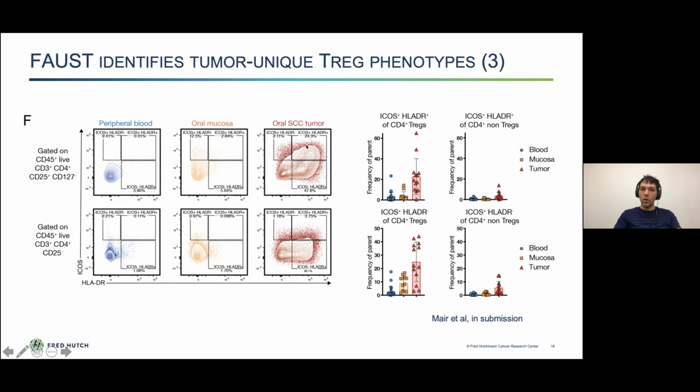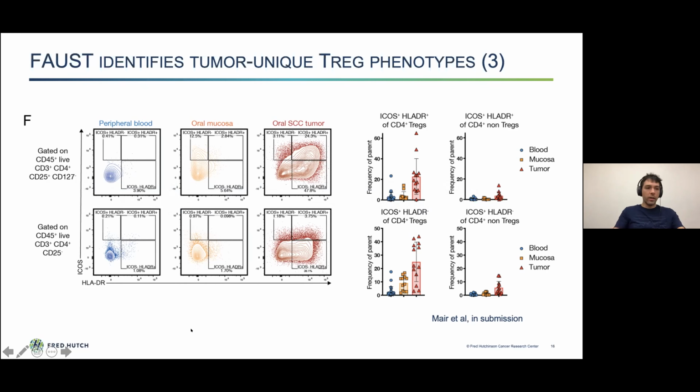And it seems to be only present in the TREGs and not so much in the conventional CD4 T cell compartment. Over here, you can see the quantification of this double positive population, which shows a relative enrichment in the tumor microenvironment relative to the mucosa and the peripheral blood samples, which is not the case for the CD4 non-TREGs.